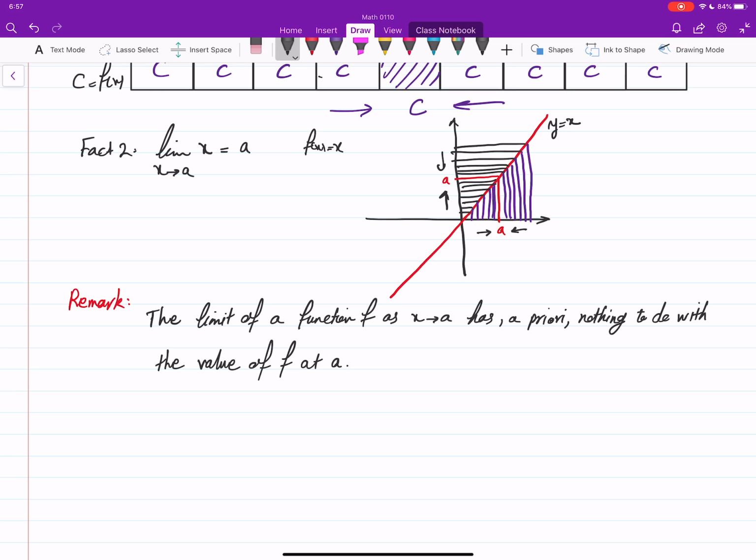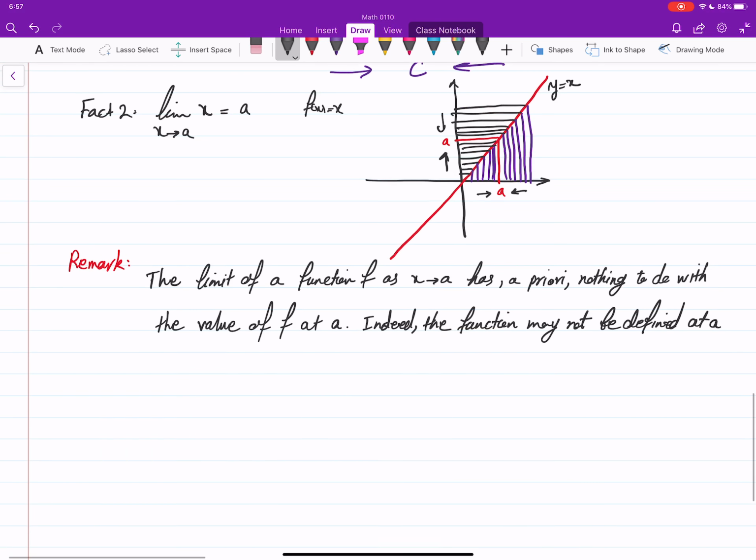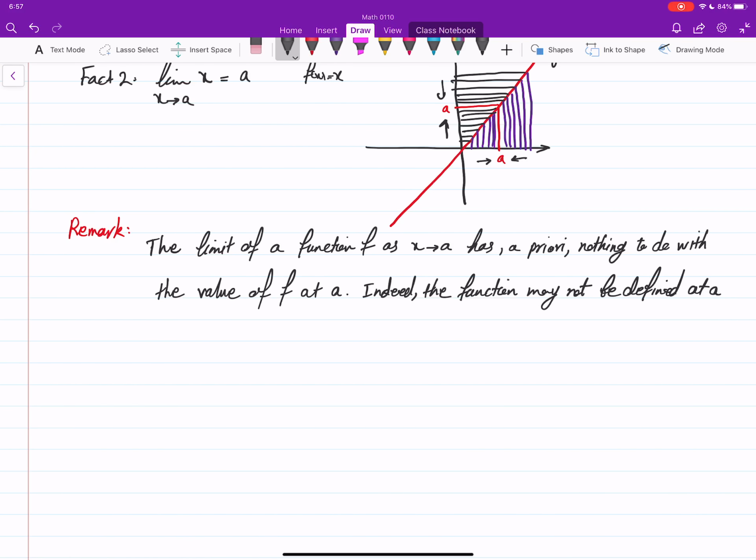Indeed, as we have seen, the function may not even be defined at that point a, but the limit may exist as x goes to a.